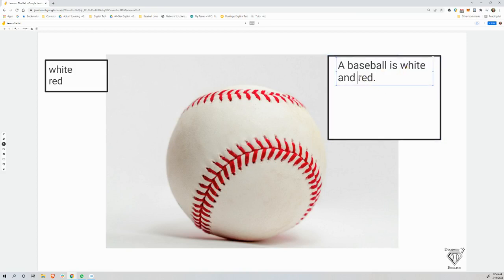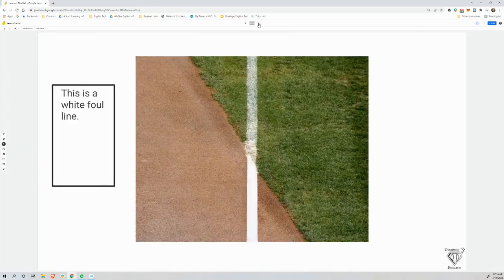Now we could say a baseball is white and a baseball is red, but not necessary. Just a baseball is white and red. White line.